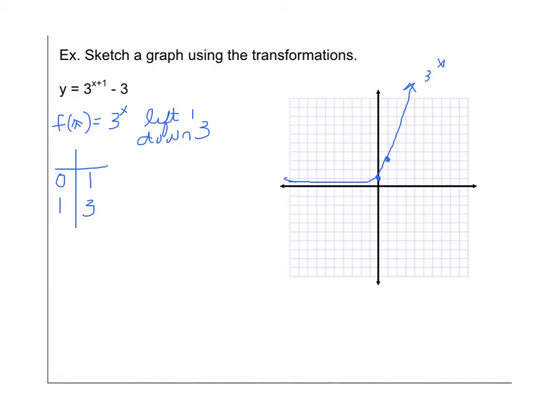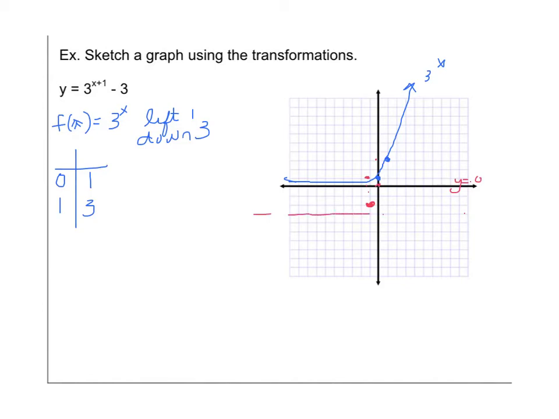All right. Now what I need to do is move this left 1. So I take these 2 points and I move to the left 1 and down 3. So there's my point, and then this point, left 1, down 3. And the asymptote, which was at y equals 0, is now going down 3. So 1, 2, 3.